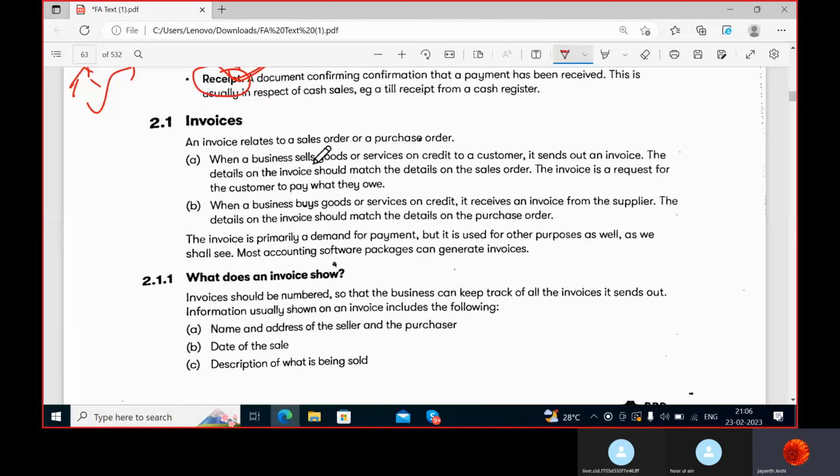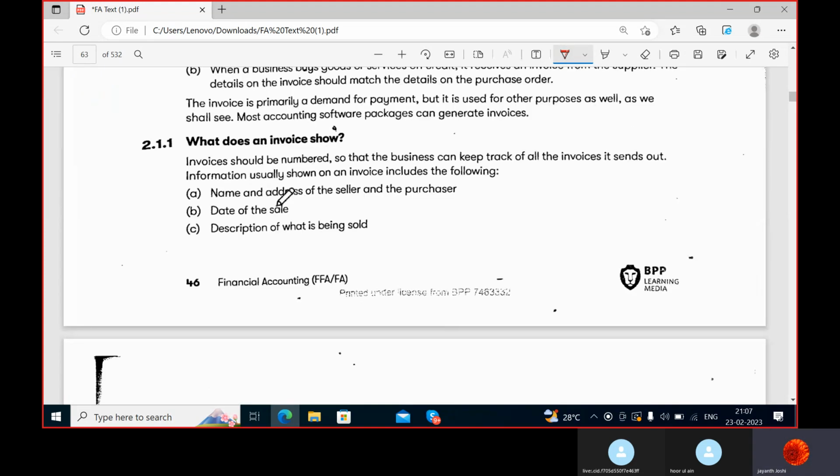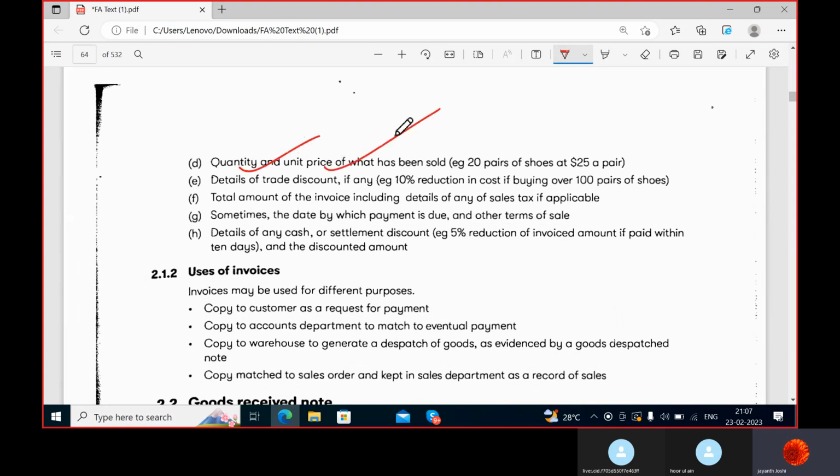Invoices are nothing but the bills the seller gives to the customer, and it's a kind of formal request to the customer to make the payments. That's it. So you know what an invoice shows? Invoice shows the name and address of the seller and purchaser, date of sale, description of what is being sold, the items, how much quantity, what is the unit price, and if I have given some discount, or if the supplier has given discount to me.